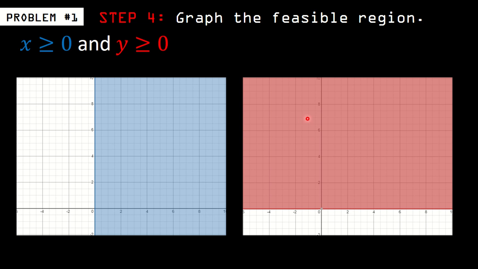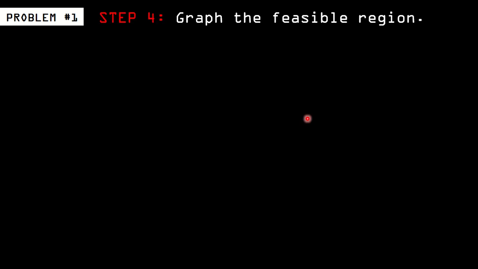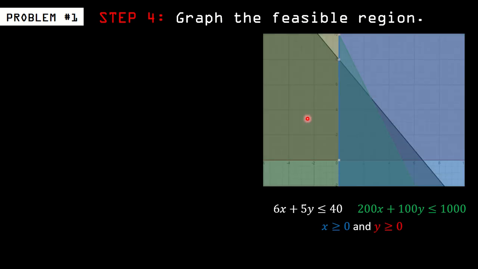Now, after we have the graphs of the four inequalities, we need to combine them. We need to combine the four graphs and identify the feasible region, or the intersection of all the graphs. So we have again the four constraints, and this is the combination of all the graphs.